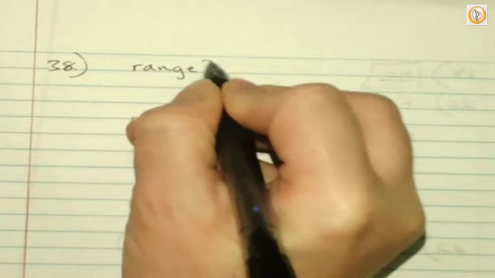Last one. 38. Boy, I'm challenging y'all today. Okay, 38. Gabby, what are the directions? Find the range of the following functions if their domain is negative 3, 2, and 5. Okay, so they're asking to find the range. What's the range again? The y.